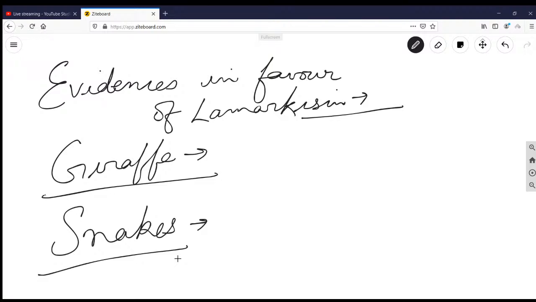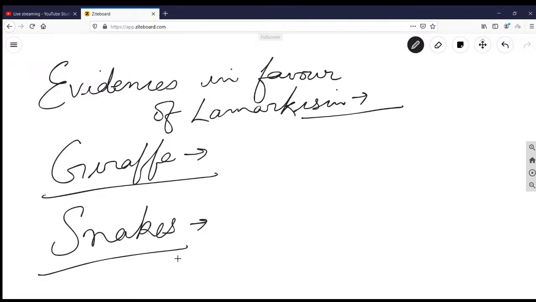If you come to snakes, what happens is, you might know about the development of present-day limbless snakes with long slender bodies from the ancestors of the snakes. The ancestors of the snakes were not limbless. They had limbs.